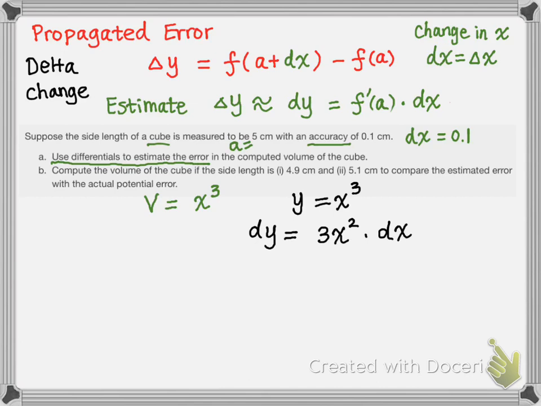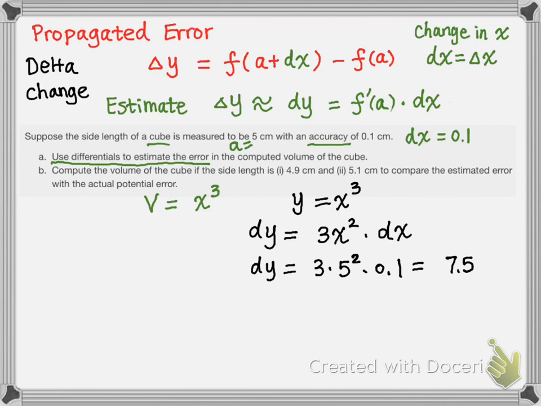Now we can evaluate dy at the point A, where A is 5, or x is 5. It's just 3 times 5 squared times dx, which is 0.1. So the error is 7.5.